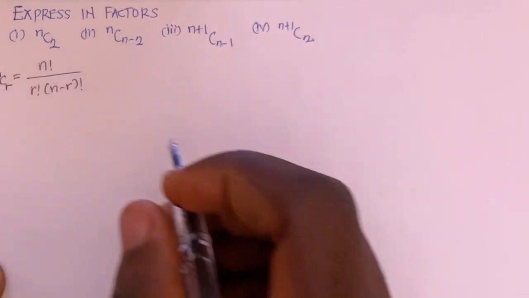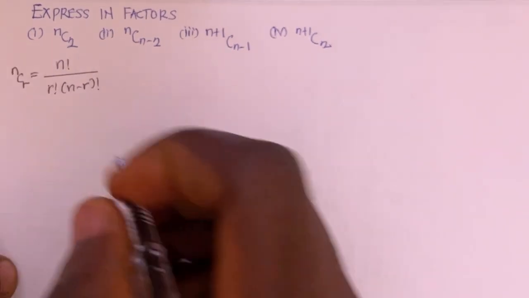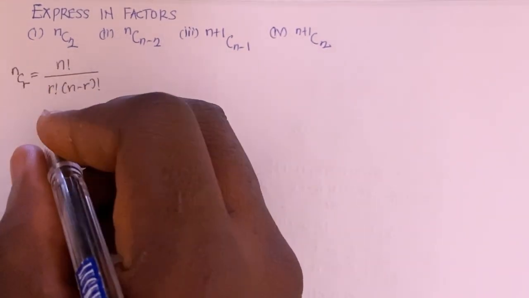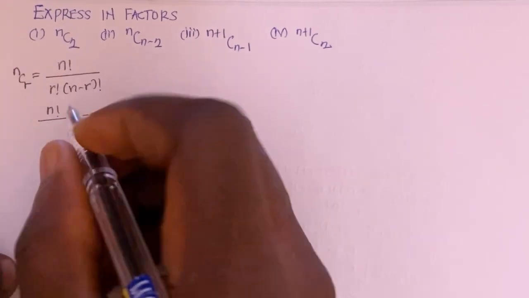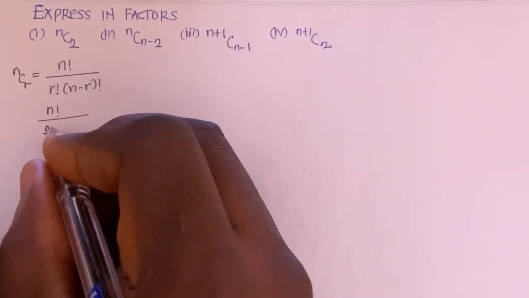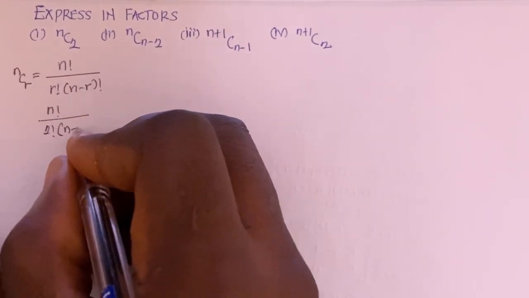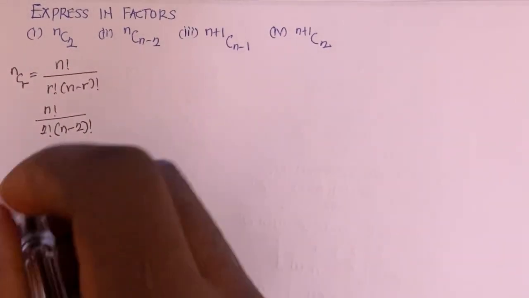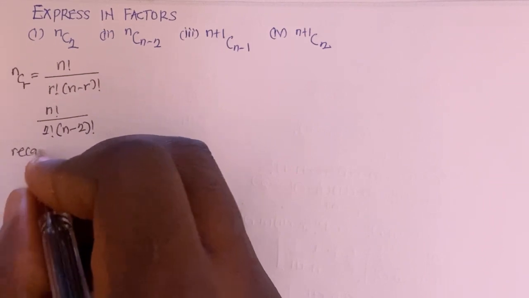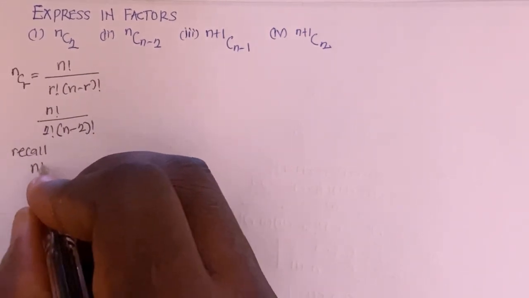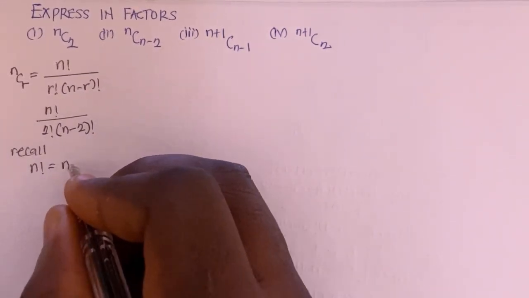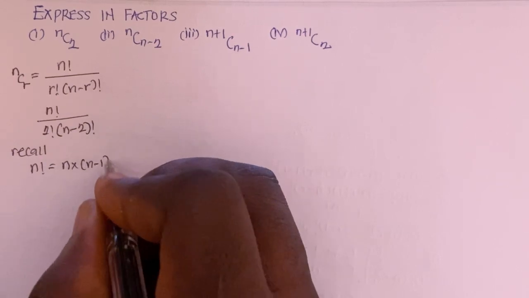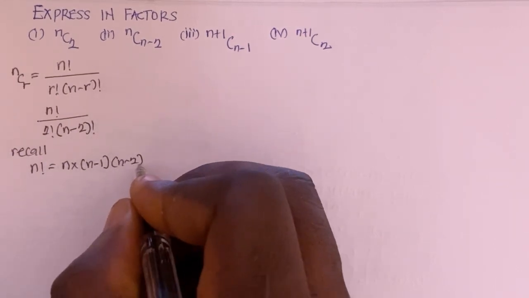So in the first expression, my n is n factorial divided by, my r is 2 factorial into bracket n minus 2 factorial. Whenever I have n factorial, it's the same as writing n multiplied by (n minus 1) multiplied by (n minus 2) factorial.